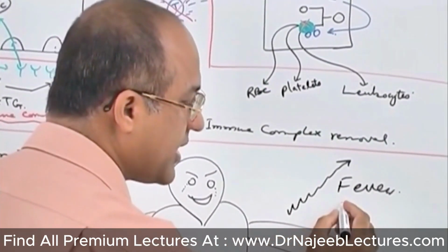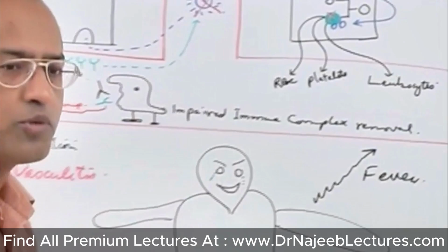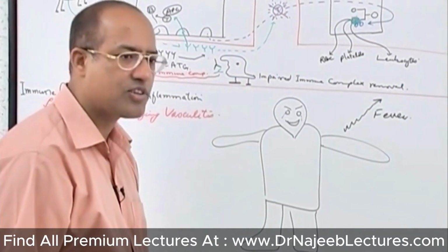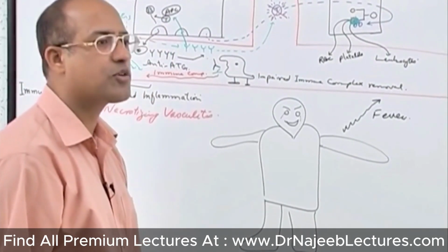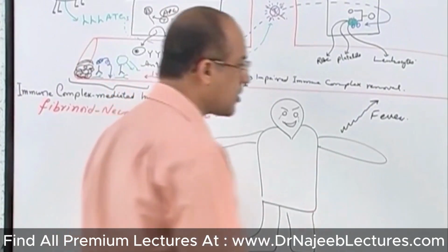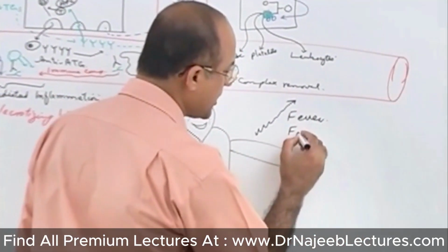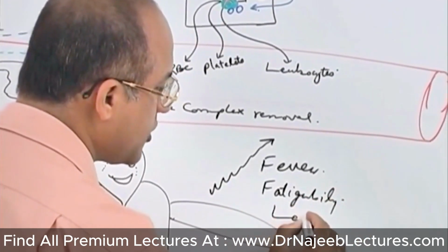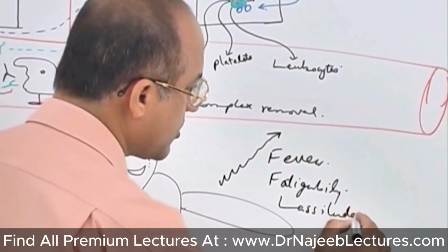And with the fever, the patient will develop other constitutional features of highly circulating cytokines. As I told you, in multiple areas of the body inflammation is there, inflammatory cells are producing cytokines. The cytokines alter the hypothalamic function. Due to that reason, the patient develops fever, fatigability, lassitude, right?